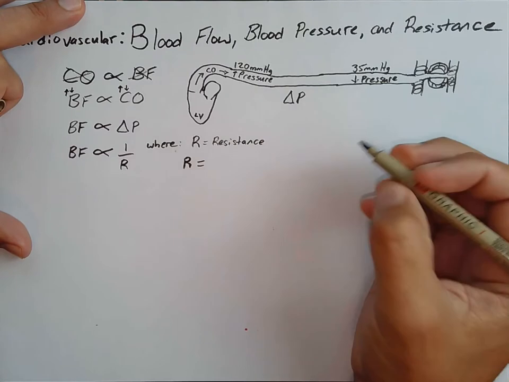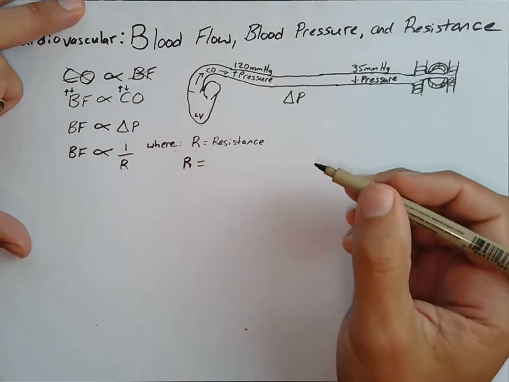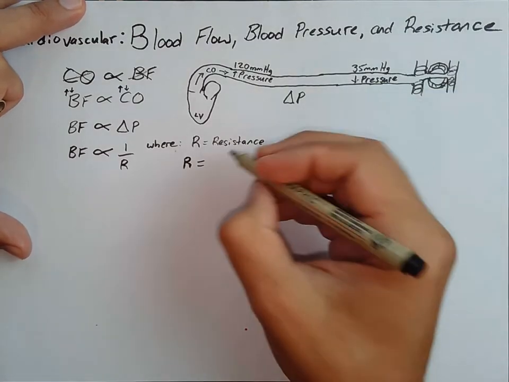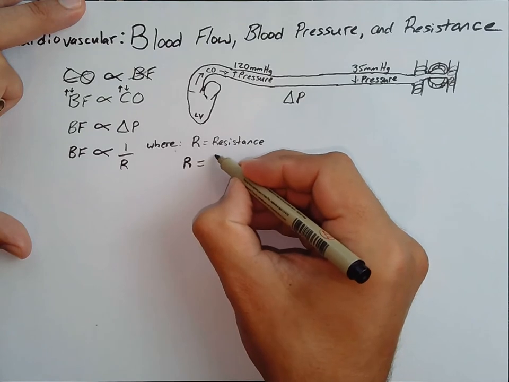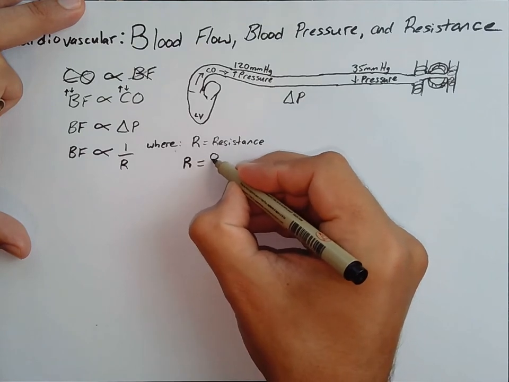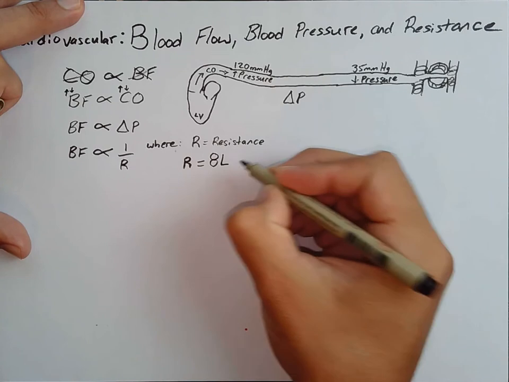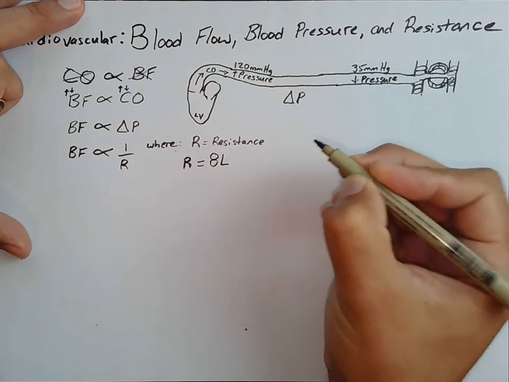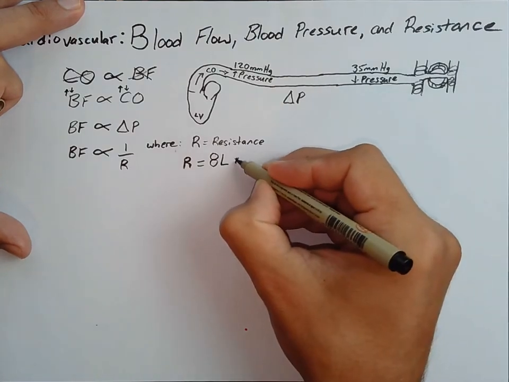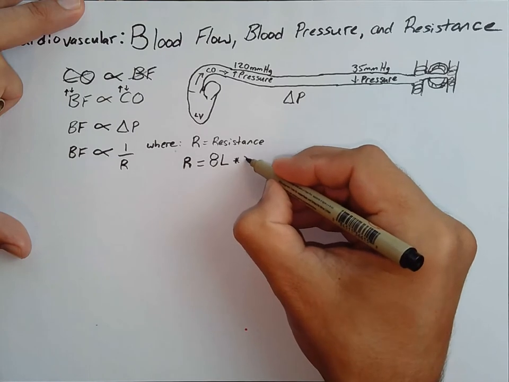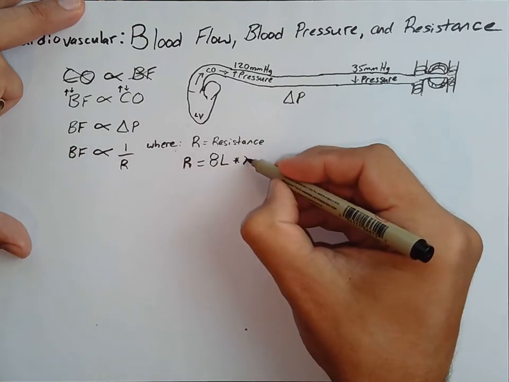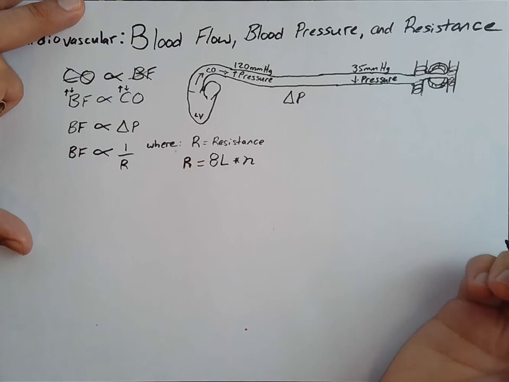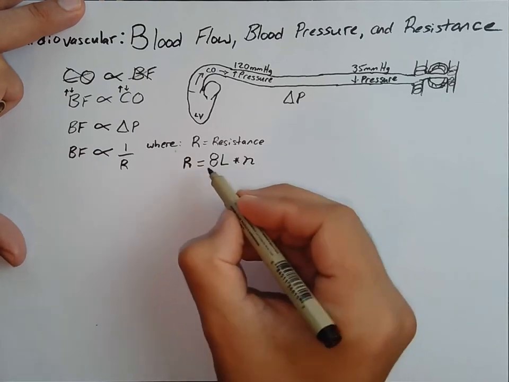But resistance has three major factors that affect it. Okay, the first major factor is the length of the tube, and it's actually 8 times the length of that tube. The second major factor that affects it is viscosity, or the thickness of that fluid, and we write that out with a Greek letter nu.